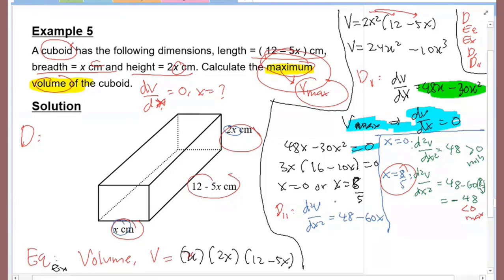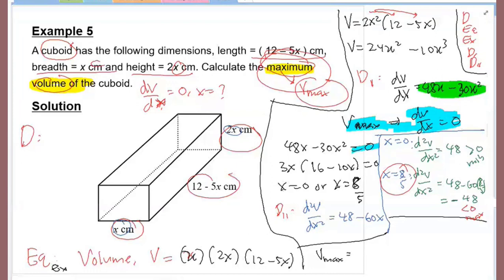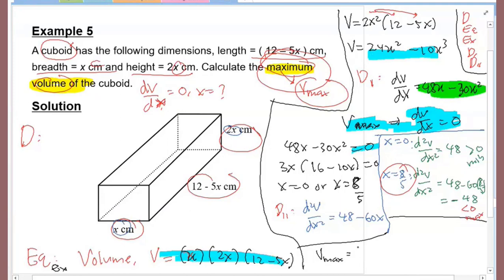Okay, and then next, find V. So V maximum. V is this one. Substitute this, or substitute this one also okay. x is 8/5. 2 times 8/5 times 12 minus 8/5.